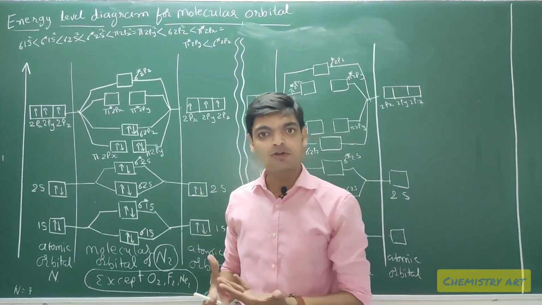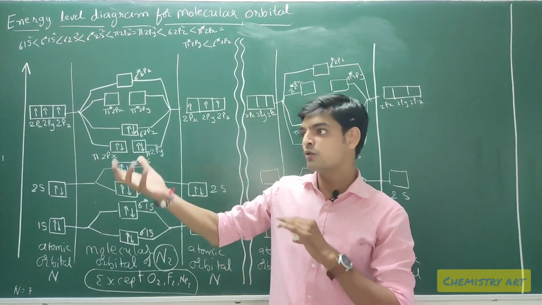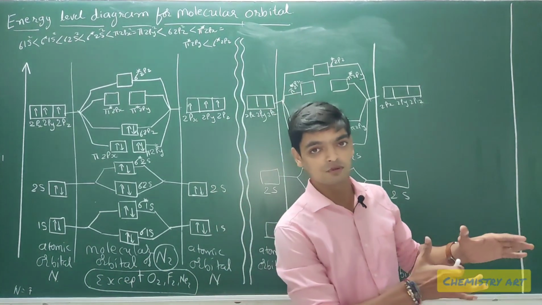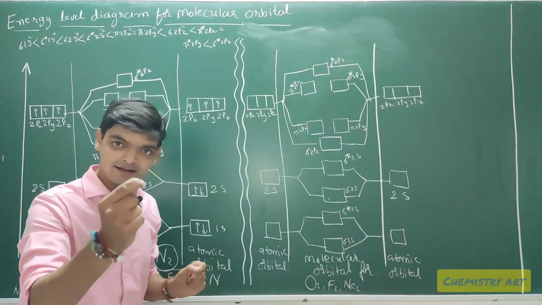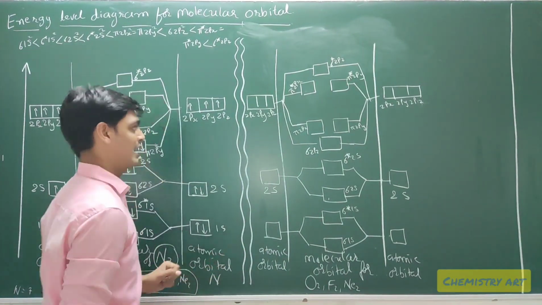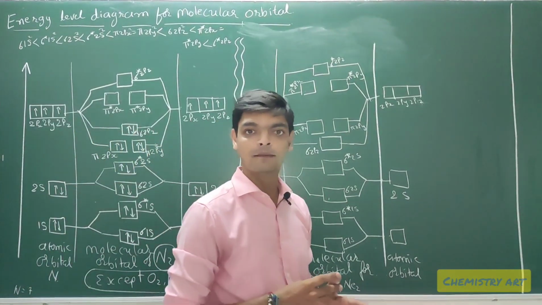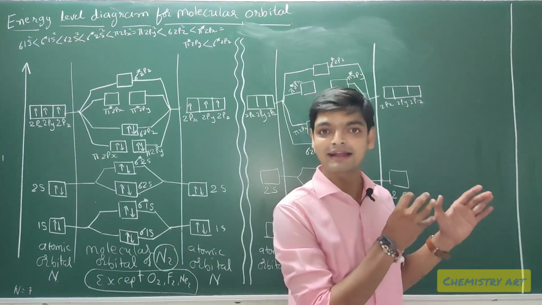Now what is paramagnetic or diamagnetic? Paramagnetic means the molecule is attracted towards the magnetic field, and diamagnetic means it is repelled by the magnetic field. So if you have any single unpaired electron, then the molecule will be paramagnetic. It will be attracted towards the magnetic field.